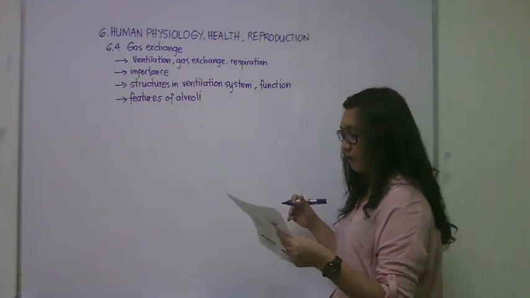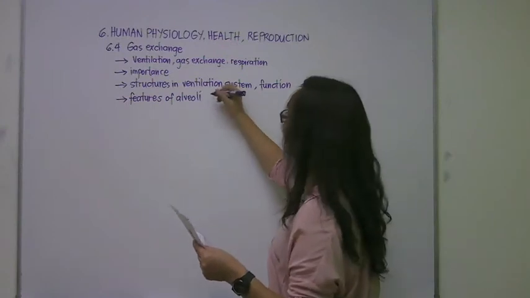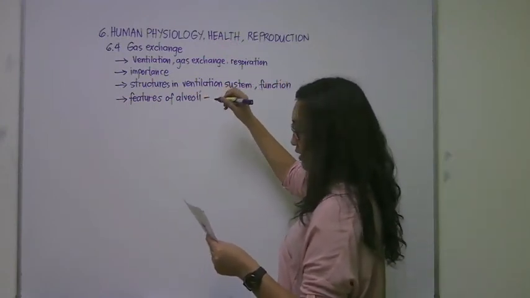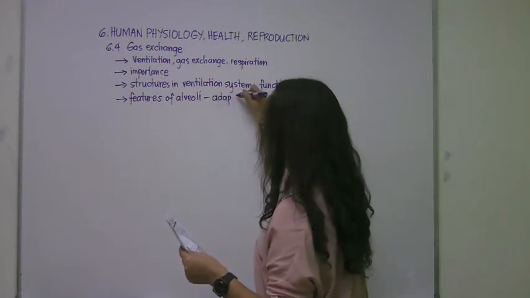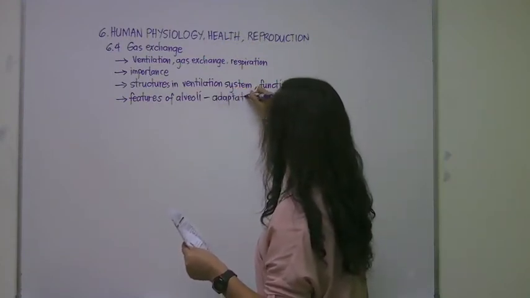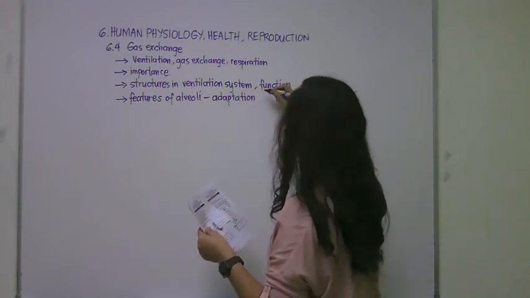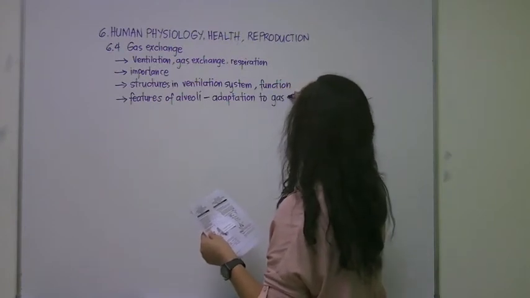So once we have discussed the features of alveoli, we have to relate the features that we have discussed to the adaptation of this feature to its function, which is gas exchange.